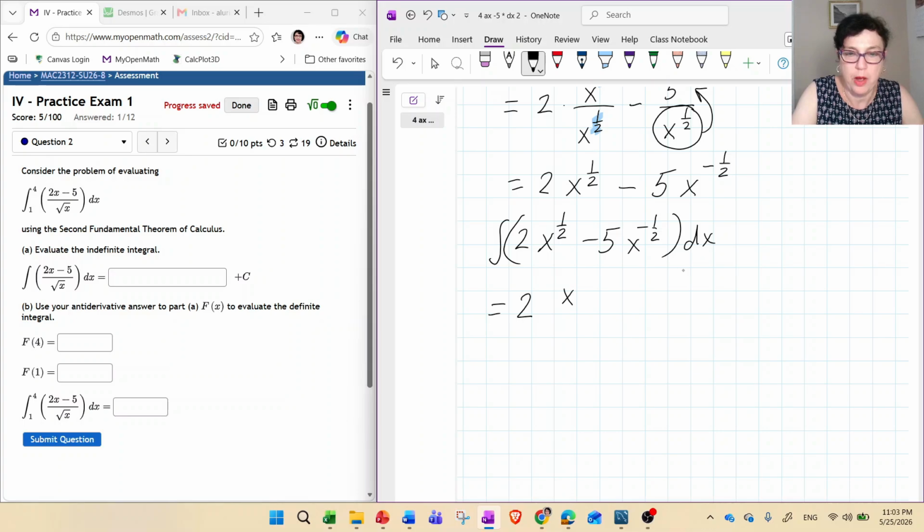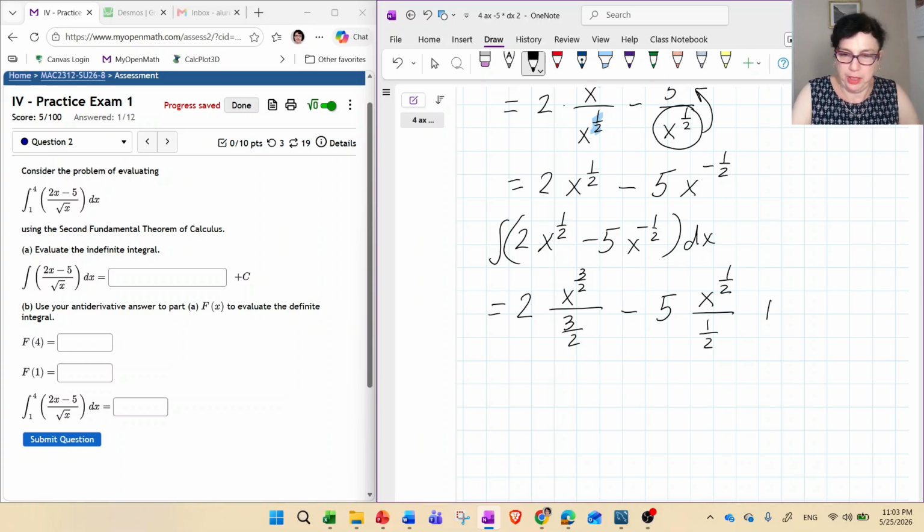That's 1/2 plus 2/2, so that's 3/2. And then you're dividing that by exactly the same thing that's in the power, so 3/2 on the bottom. Minus 5. Now let's take negative 1/2 and add 1 to that. Negative 1/2 plus 2/2 is 1/2. So this will become x to the 1/2 divided by 1/2.